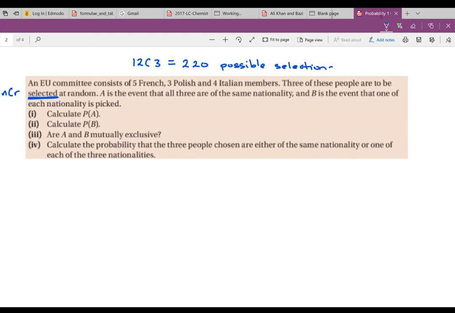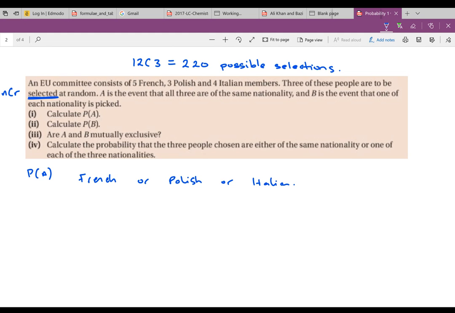Random selections. The probability A that they are all the same nationality has to be either that they are all French or all Polish or all Italian.